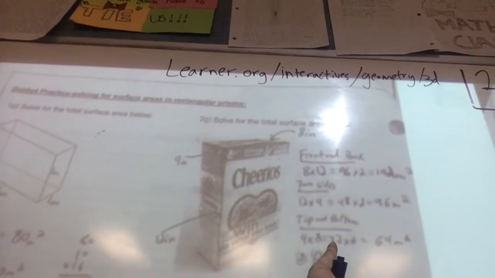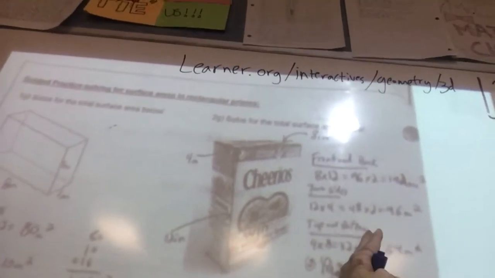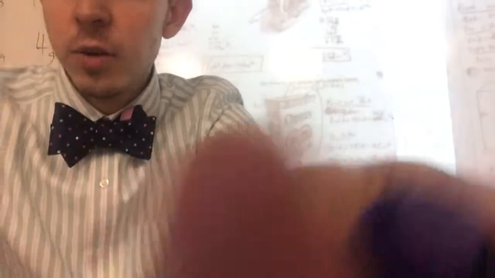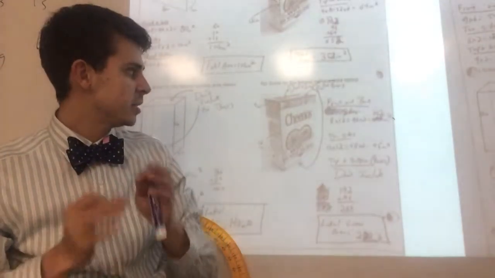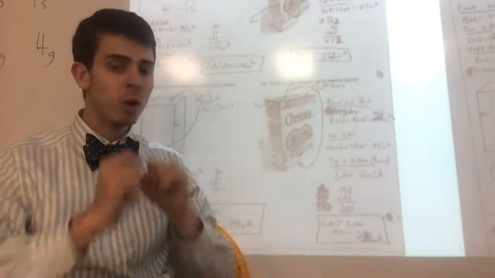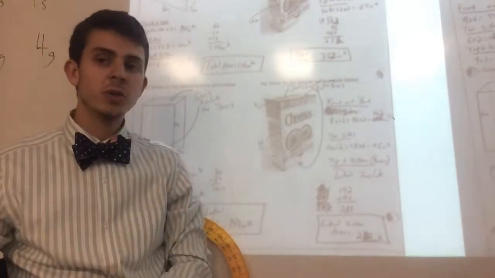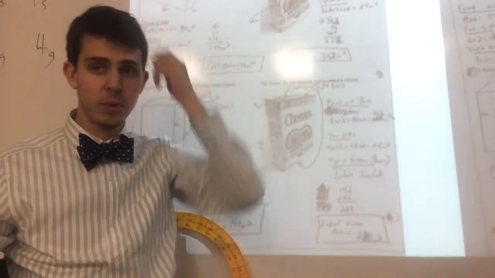And finally, top and bottom, also known as bases. I should have put parentheses around bases. I did that for the problems. And then I add them all up and I get the total area. It's very, very important when doing these problems to stay organized. If your work is all over the place, you're going to have limited success with these problems.